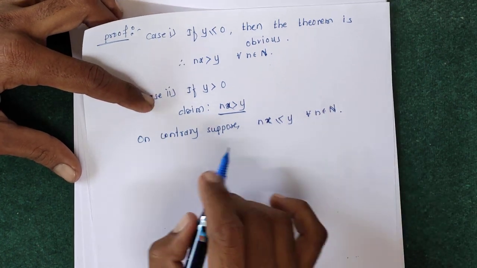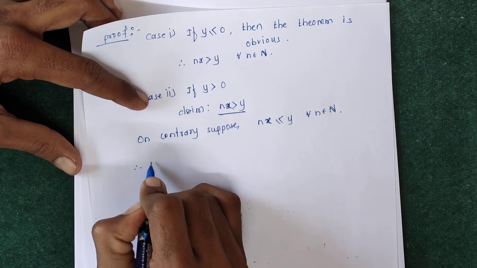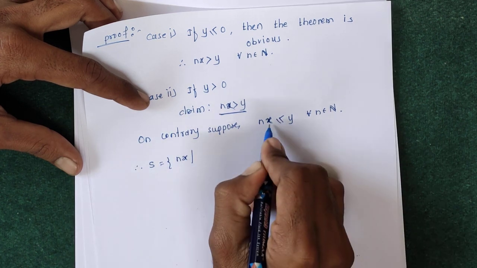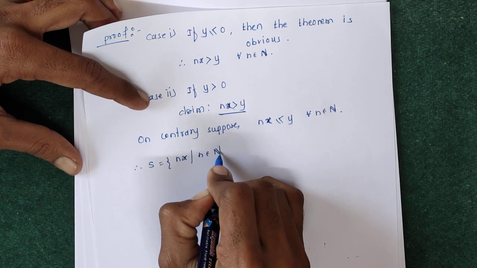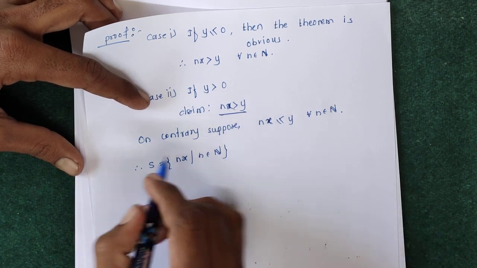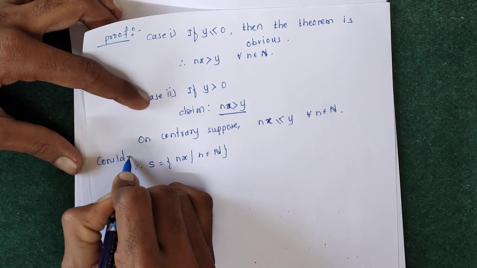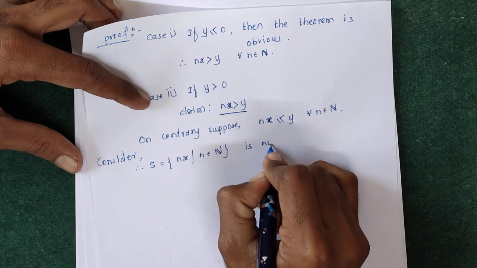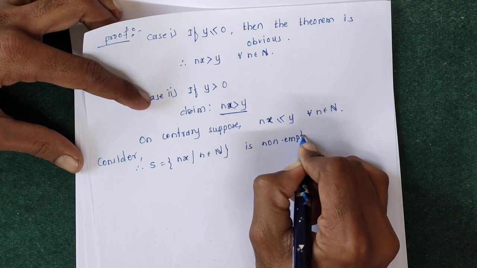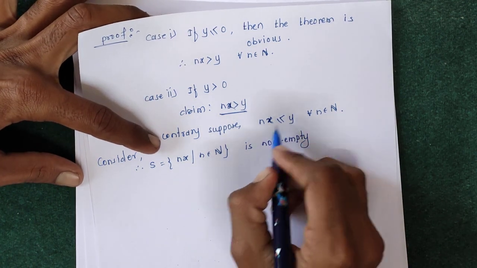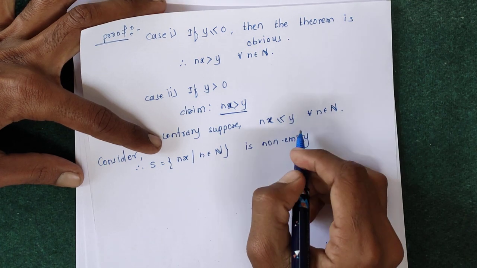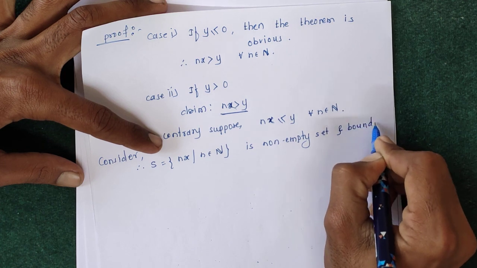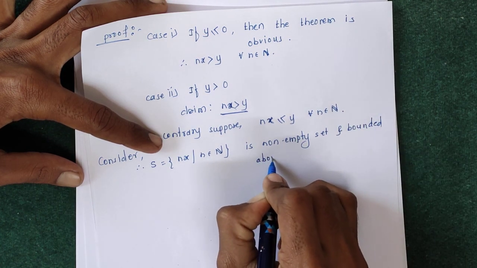Now, we will consider the set S, the set of all nx, where n is a natural number. Clearly this set is non-empty, and it is also bounded above by y.